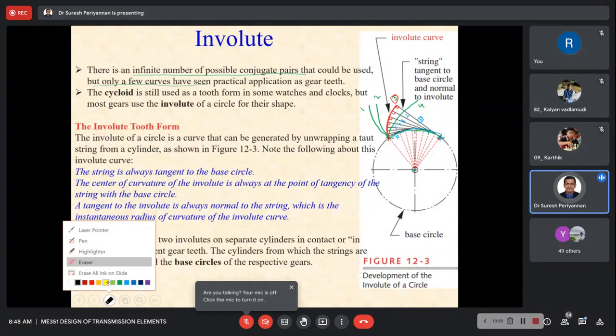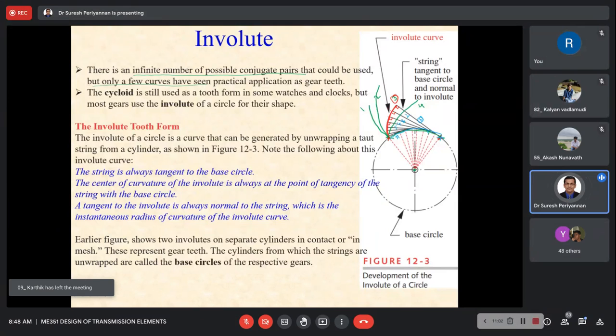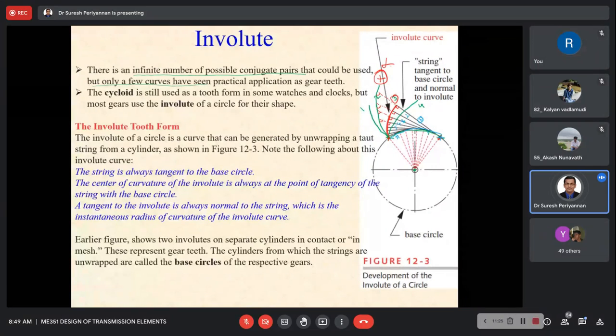When I extend this tangential line to this curve, will it be normal to this curve? Is it normal? No, this is not normal. So this curve is also not valid for designing our tooth profile.